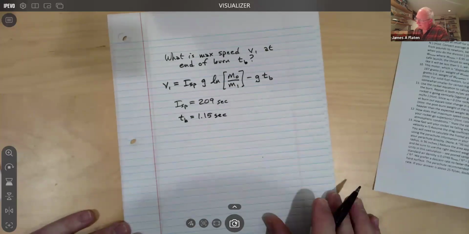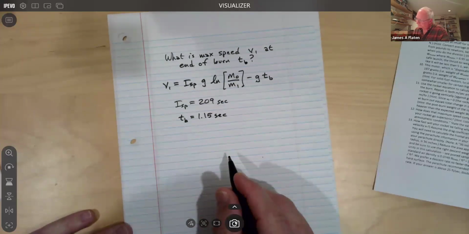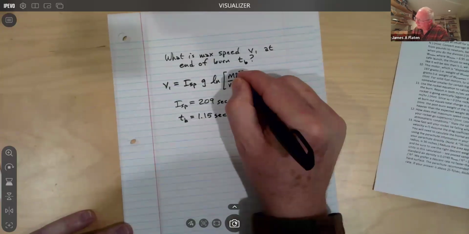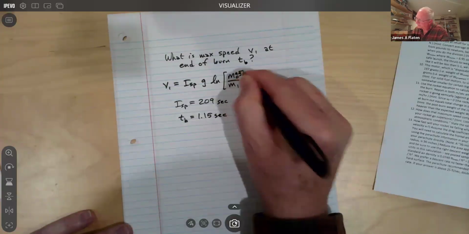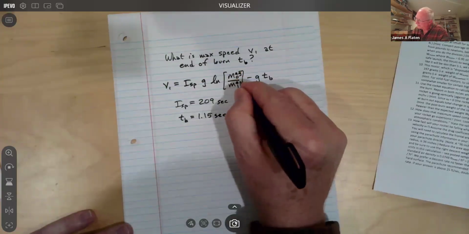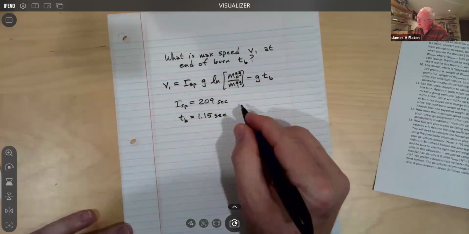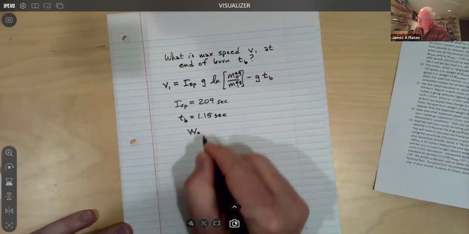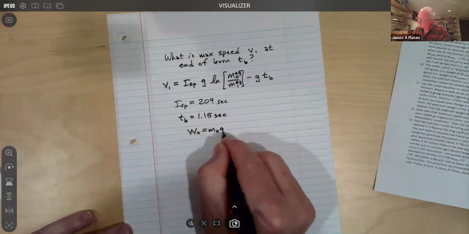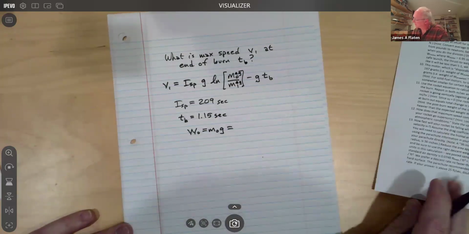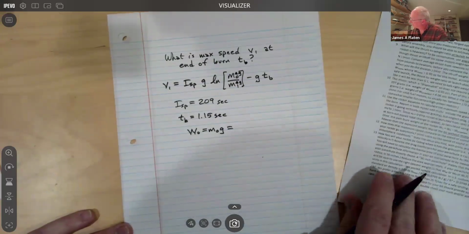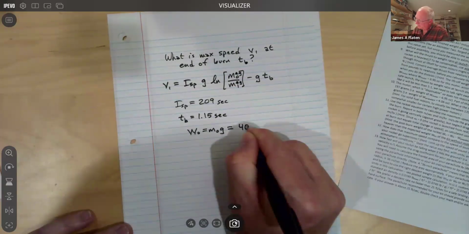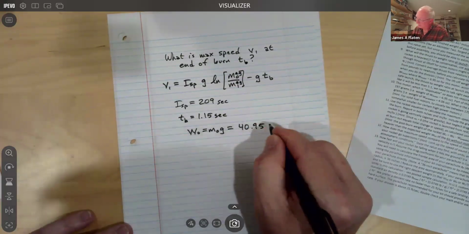Why not? If we do it in US customary, what I would propose is that we multiply the mass before we burn times G, and the mass after we burn times G, in which case this becomes the weight before we burn. That was actually given in the problem statement as 40.95 ounces.